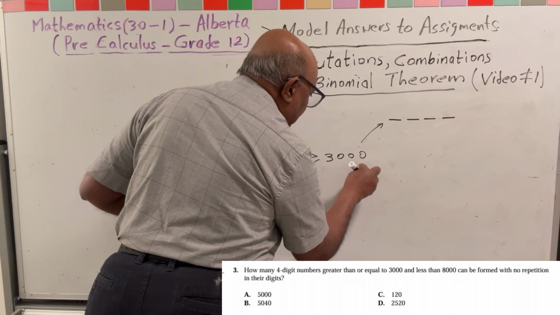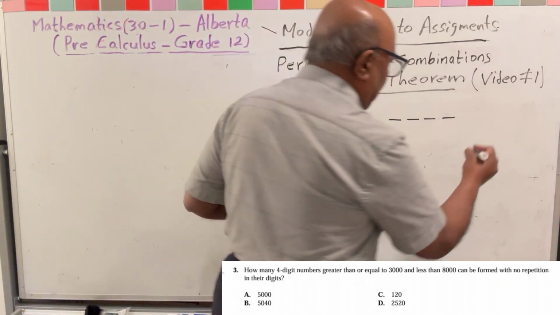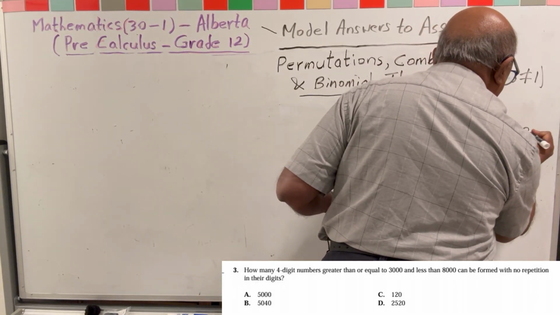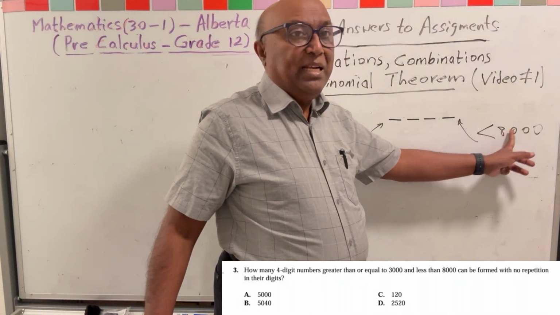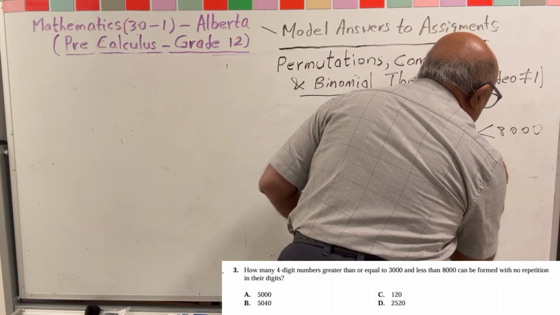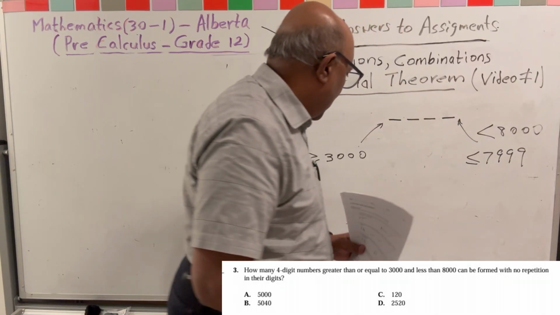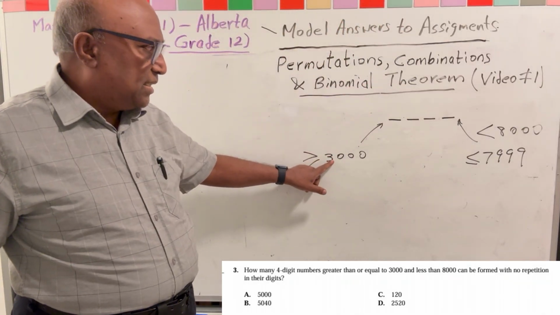This is a condition. It is 4 digits, and less than 8000. Less than 8000 means it cannot even be 8000. That means it can be at most 7999. So the number can be equal to or greater than 3000.